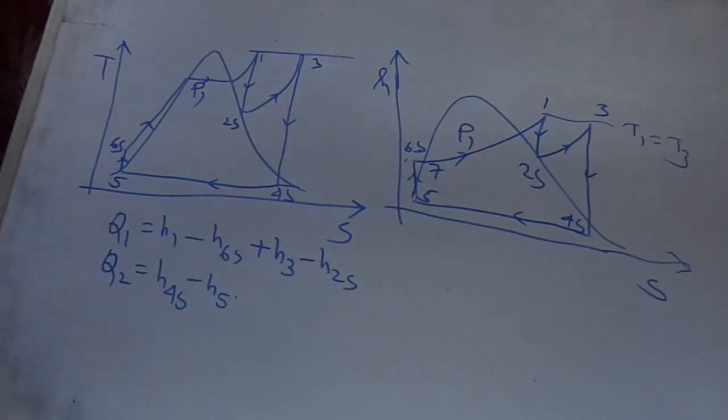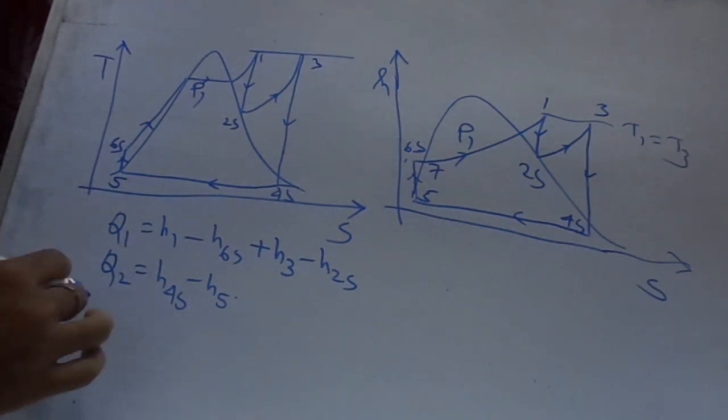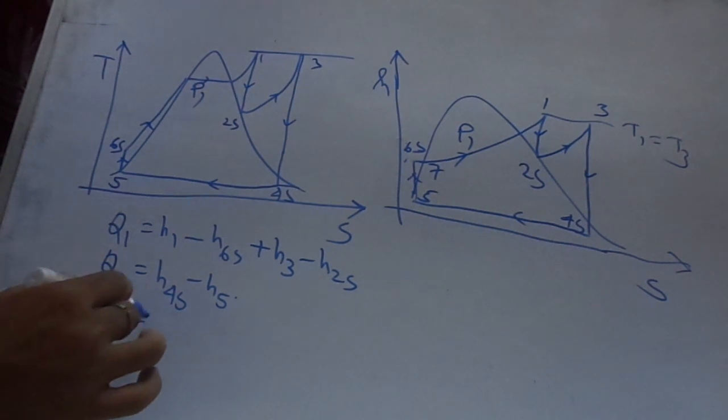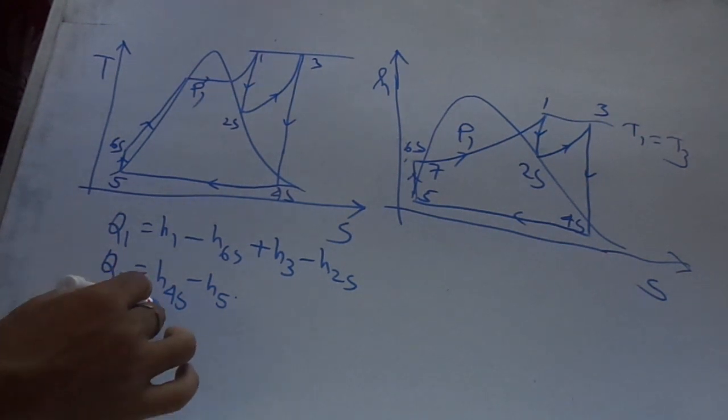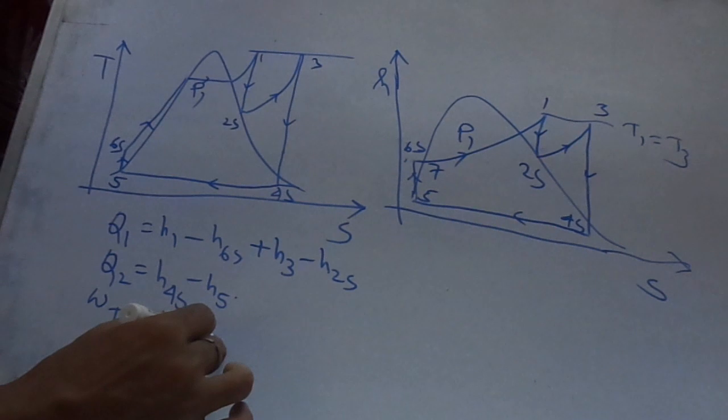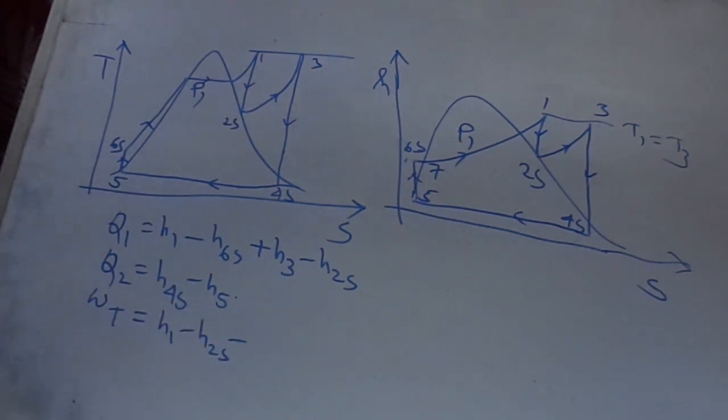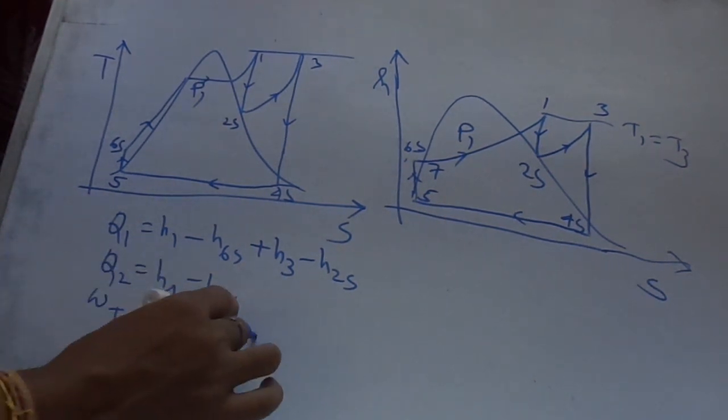H4s minus H5. Turbine work done, WT, is equal to H1 minus H2s plus H3 minus H4s.